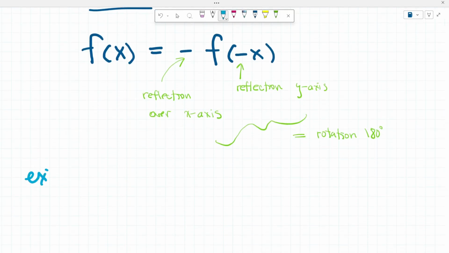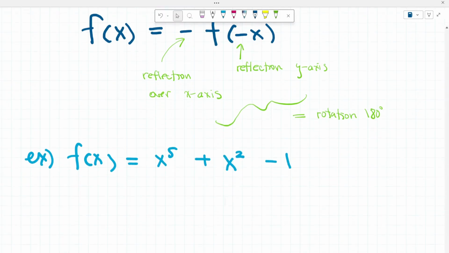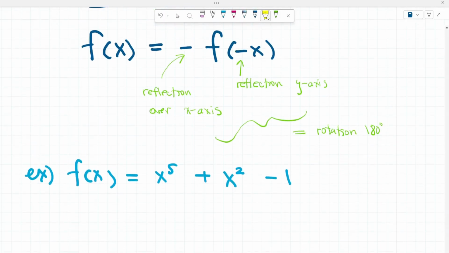Here let's consider the polynomial f of x equals x to the power of 5 plus x squared minus 1. Let's do this the algebraic way, in two steps. We start with the negative within the x as step number 1, and then apply the negative on the outside as step number 2, just so our example is a little clearer. Starting with f of negative x, we have to put the negative next to where we see our x in all cases.